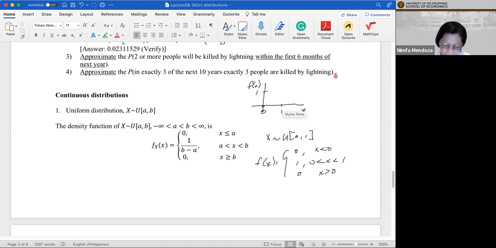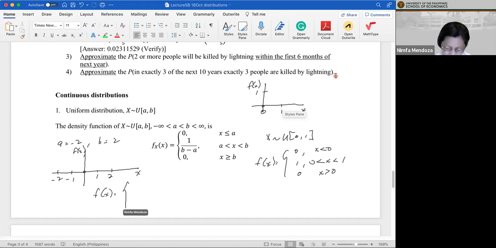But then you can have, let's say, a equal to minus 2, b equal to 2. So what would be the density function?